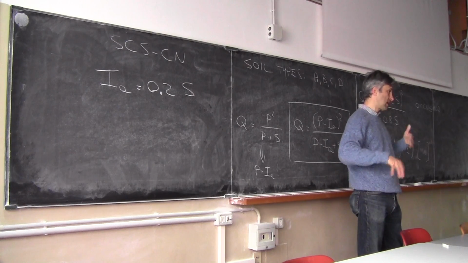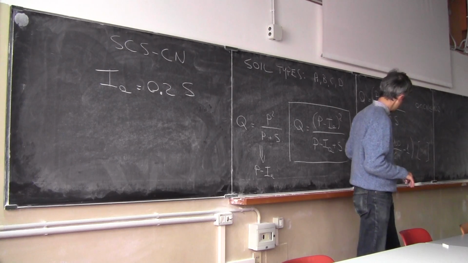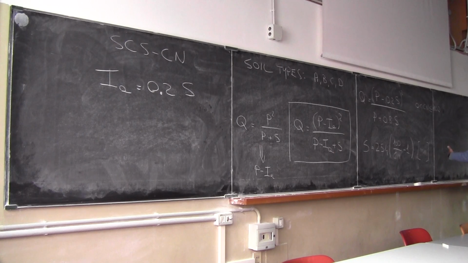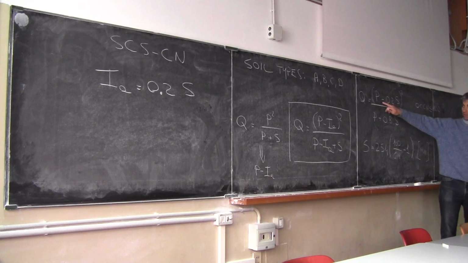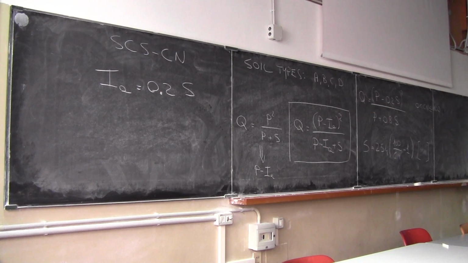There are several studies presented by the literature on the computation of the CN coefficient. Okay, so once that you obtain an estimate of the CN coefficient, you can compute S, and then it's very easy to use this equation to compute, depending on cumulative rainfall, the cumulative contribution to surface runoff, to river discharge.